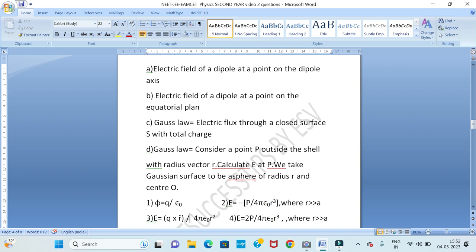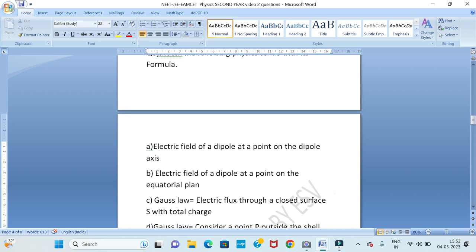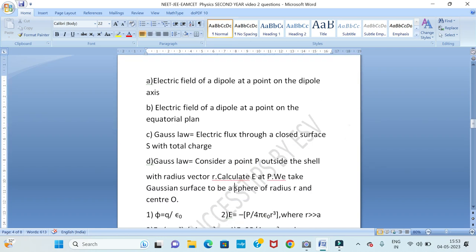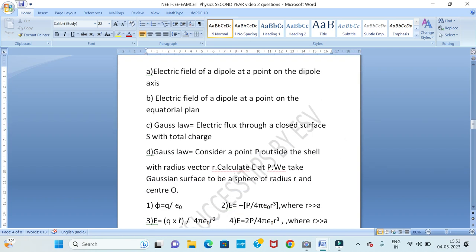Here, Gauss law: consider a point outside the shell with radius vector R. Calculate E at P, some point P. P is an outside point. We take the Gaussian surface to be a sphere of radius R and center O. So this is the sixth question. Match A, B, C, D with 1, 2, 3, 4.